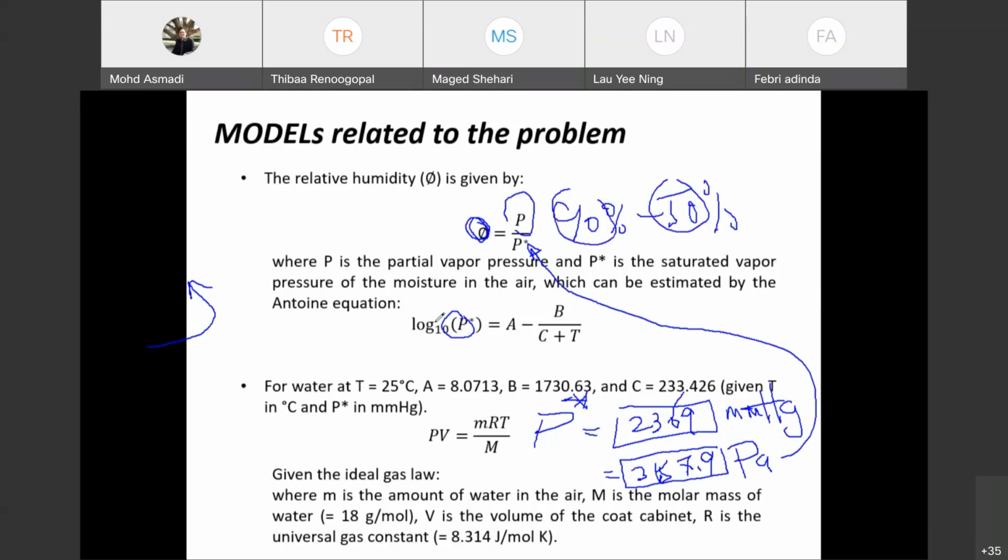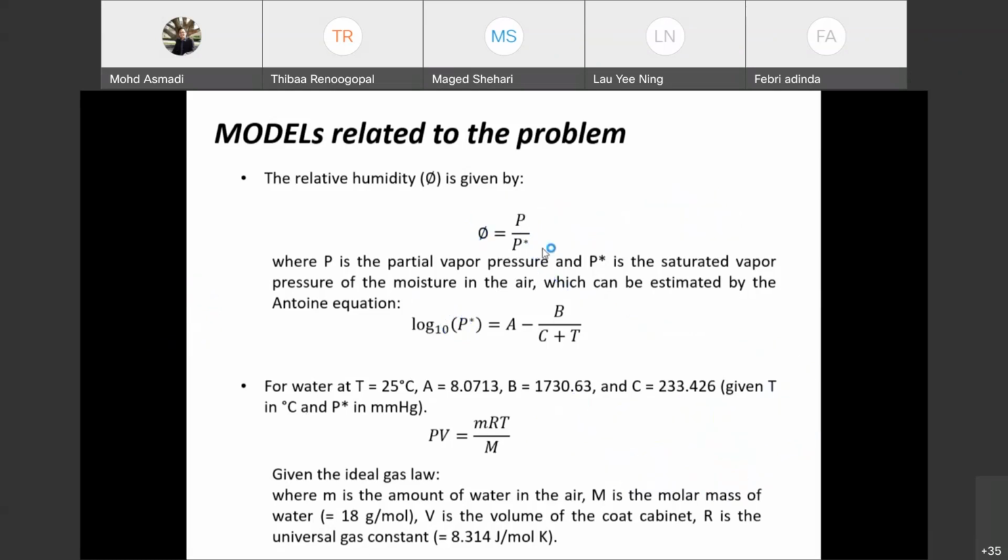So P initial is 90%, so P initial equals 0.9 times P prime, the P prime that you calculated already.